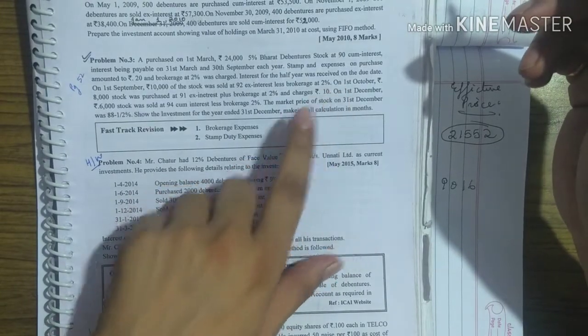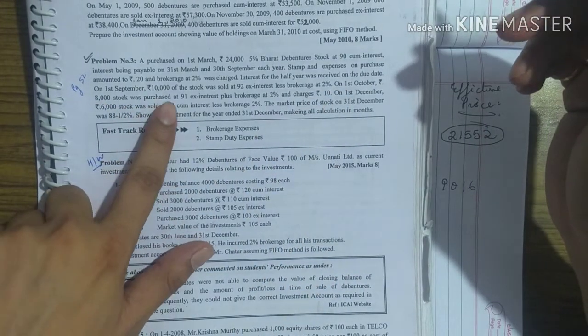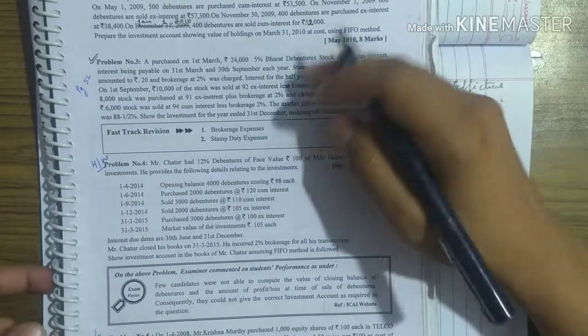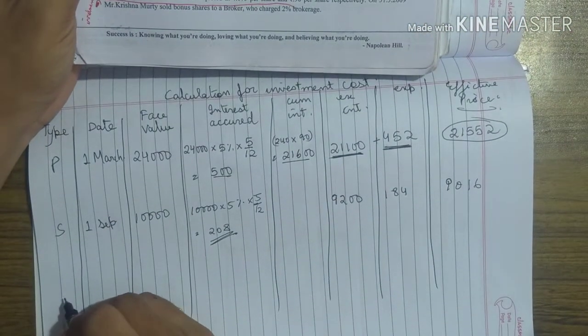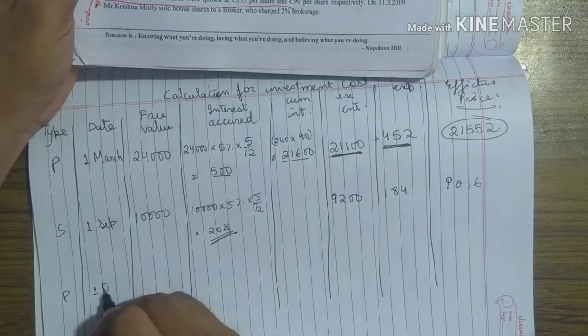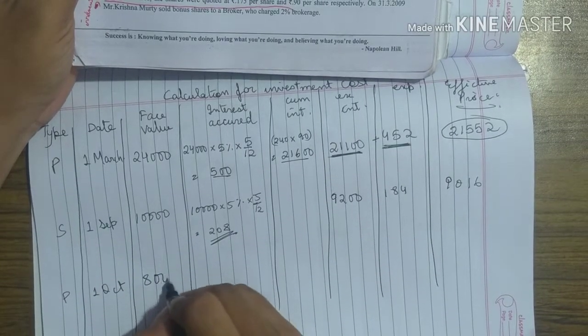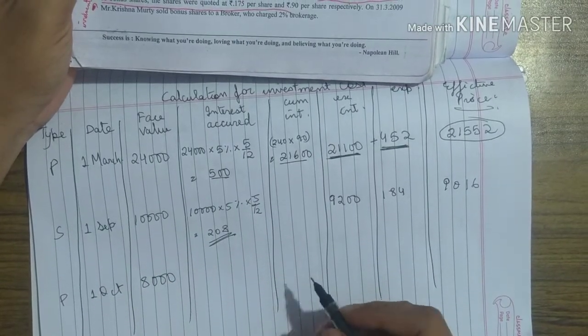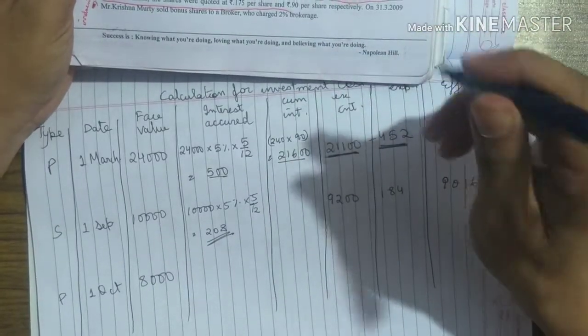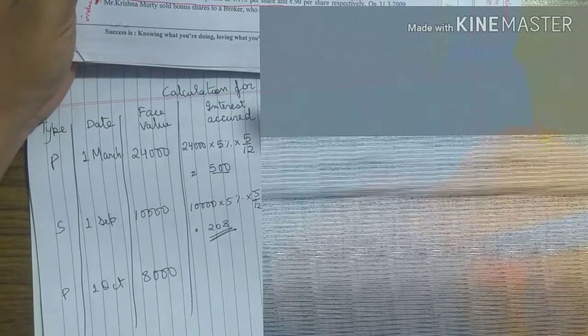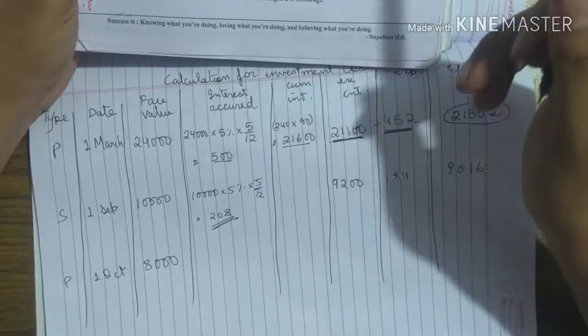Third, on 1st October, 8,000 stock was purchased at 91 ex-interest plus brokerage at 2% and charges of 10. So we can do this really quickly. As this was purchased on 1st October and the interest was paid on 31st September, there will be no accrued interest.